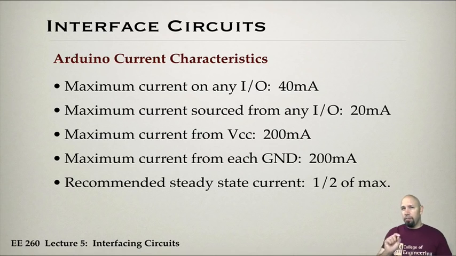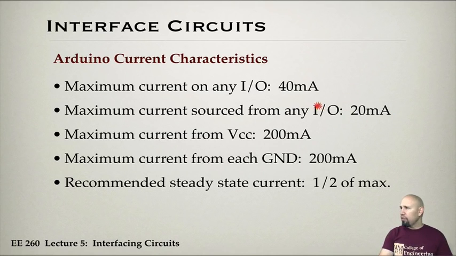If you've put something high, it's going to have 5 volts on it, and so we have that situation. So it's something to be careful about. Maximum current sourced from any I/O pin. In general, if you want to drive something with the voltage high, 5 volts, this is the source.